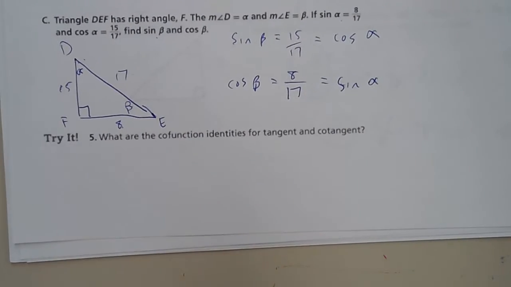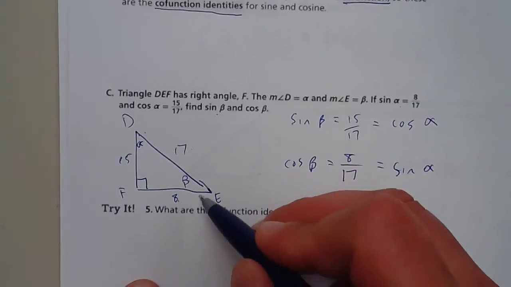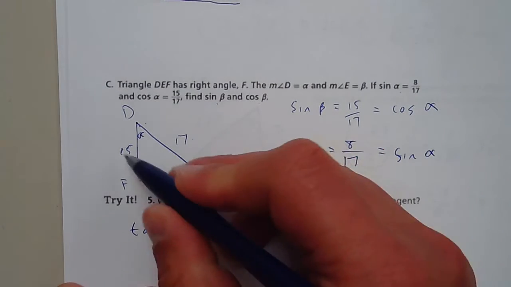Now, the next piece says, what are the cofunction identities for tangent and cotangent? Let's go back and look at this triangle just to make it simple. In this one, tangent of beta, you'd get 15 over 8.